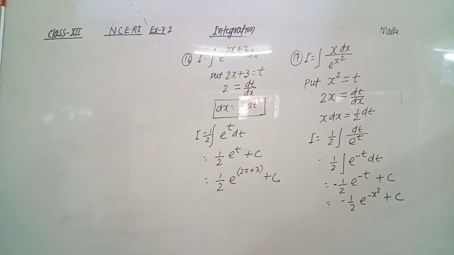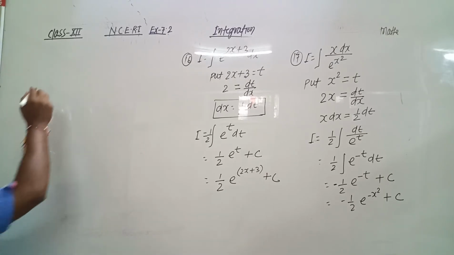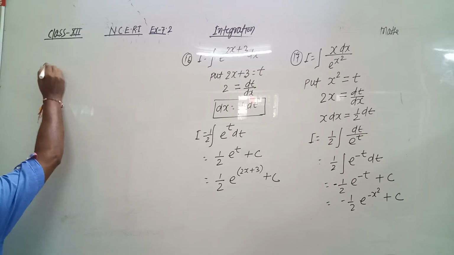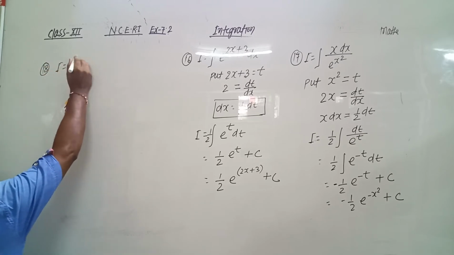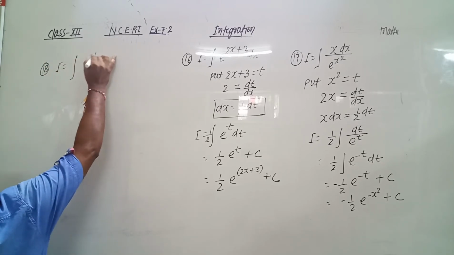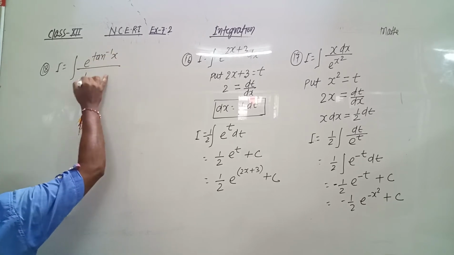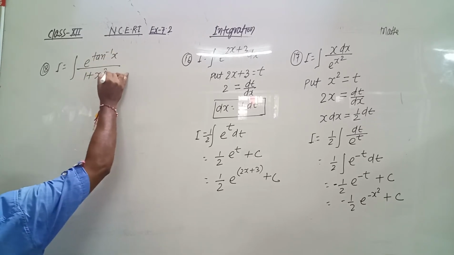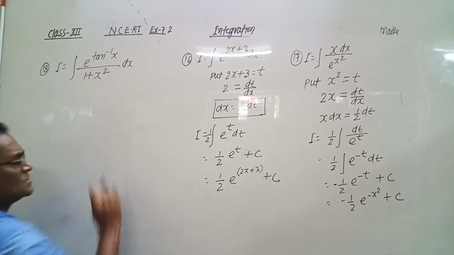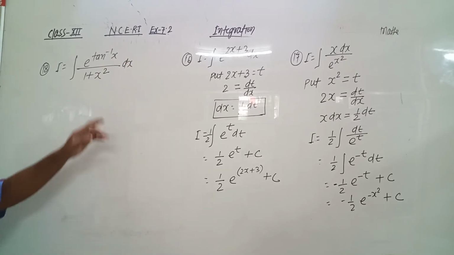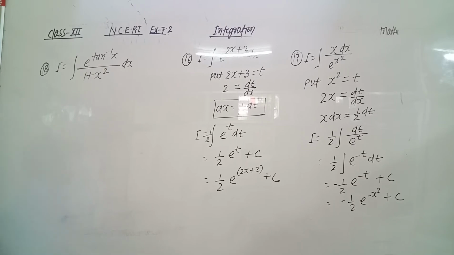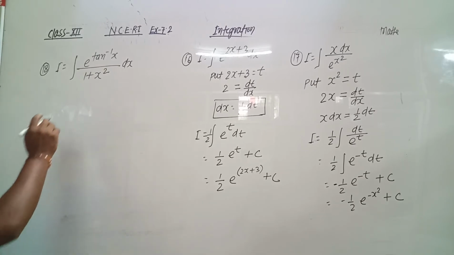Question number 18. I equals integration e raised to the power tan inverse x upon 1 plus x square dx. We know that differentiation of tan inverse x is 1 upon 1 plus x square.